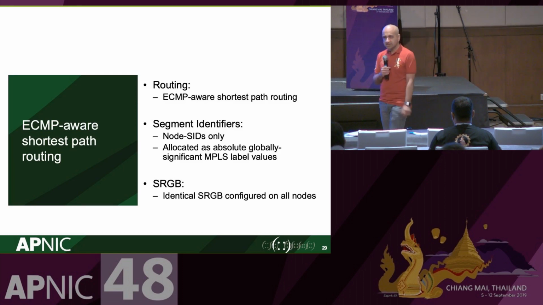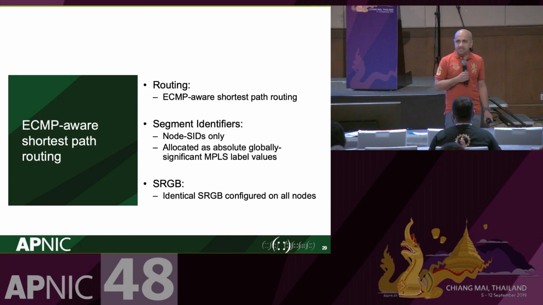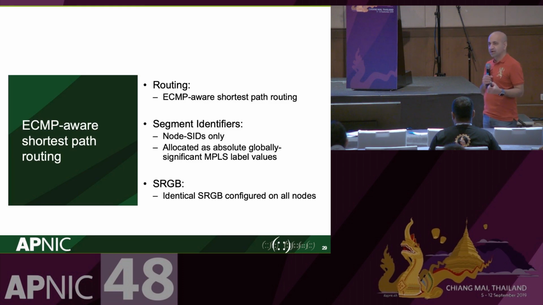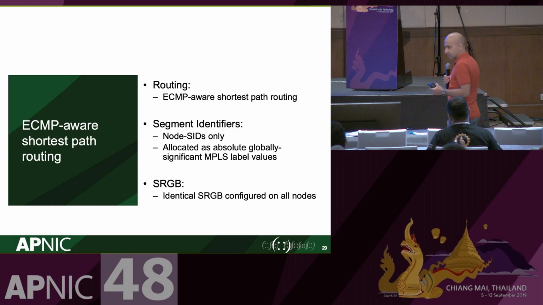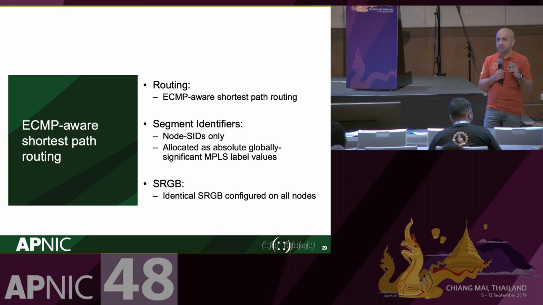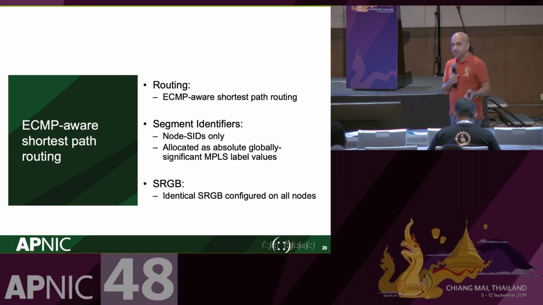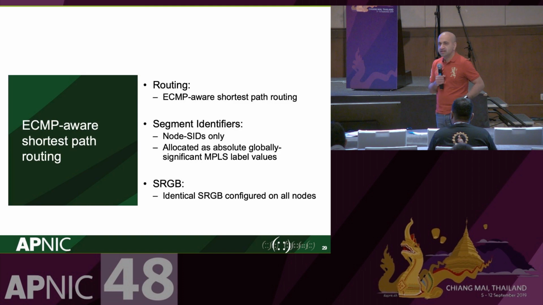I haven't really introduced this concept, but just quickly, SRGB stands for Segment Routing Global Block. It's just a block of labels that are reserved by routers. But the key change in segment routing is that this block of labels is intended to be globally significant.